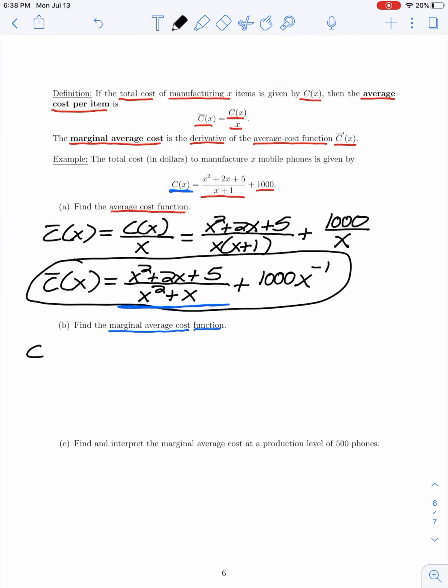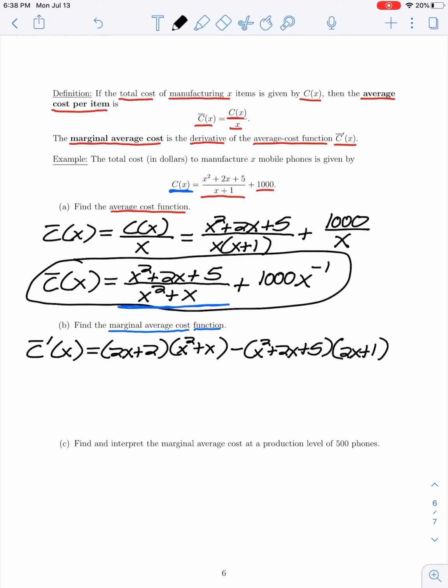So here our derivative, c bar prime of x, is found by first differentiating the numerator. So we have 2x plus 2 times our denominator, x squared plus x, and then we subtract the numerator, x squared plus 2x plus 5, times the derivative of our denominator, which is 2x plus 1.